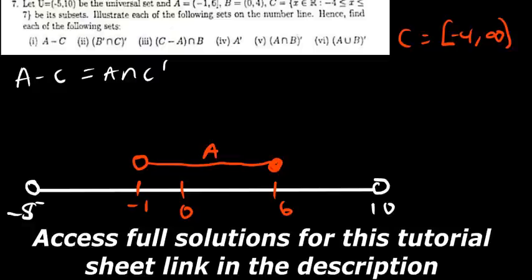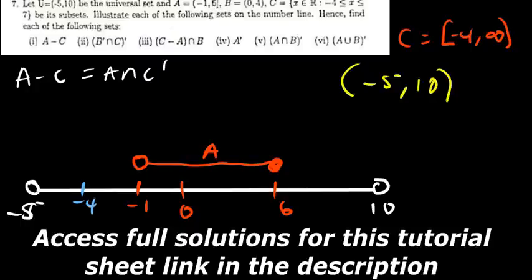Now C is negative 4 all the way to positive infinity. Sorry, this cannot end there. Just a minute, let me make a few corrections on C. If we follow the universal, C is from negative 5 all the way to 10, both not included.